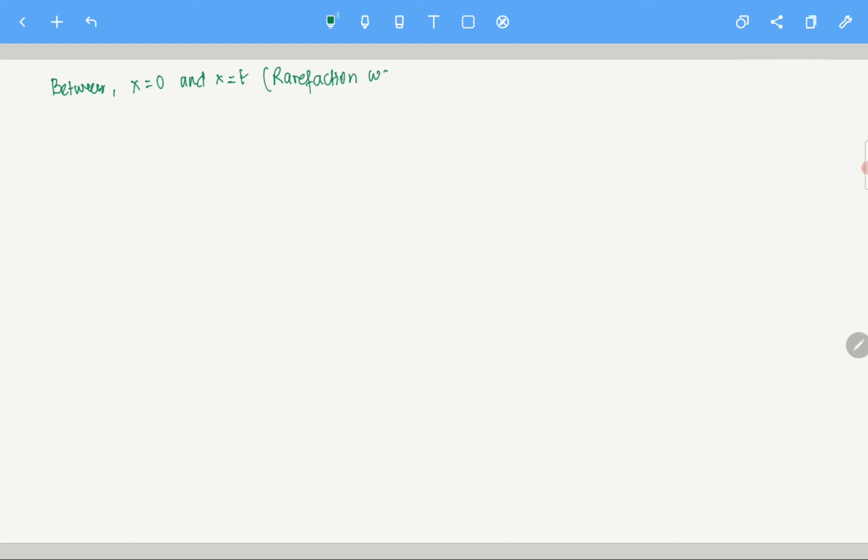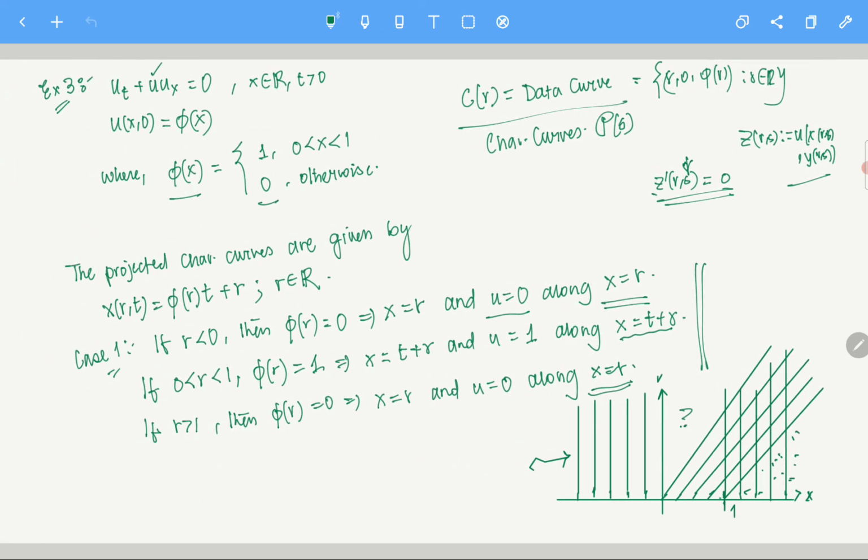You remember we did this kind of thing earlier, right? And you see, when these things touch here, these are the curves where the characteristic curves intersect. So essentially those are the shock waves.